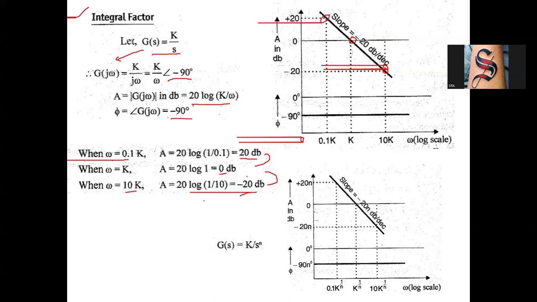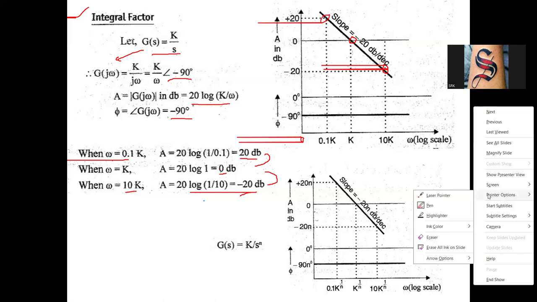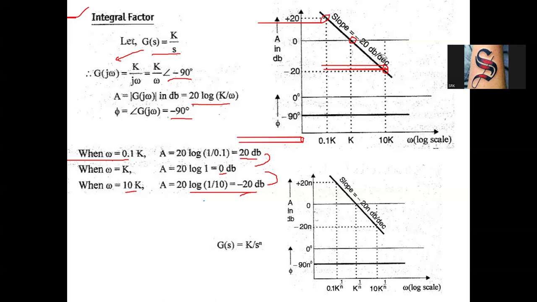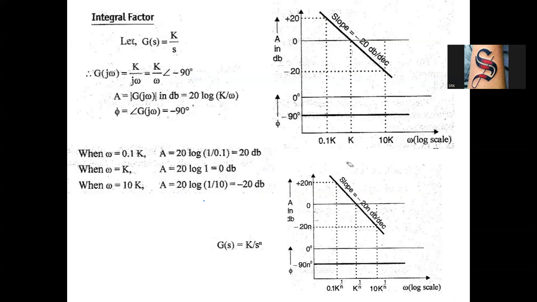How much decaying? 20 decibels for every decade. So for any integral factor, the slope follows minus 20 decibels per decade. Okay, please remember that point. For any integral factor, the magnitude response is minus 20 decibels per decade, and the phase angle is always minus 90 degrees. It is a fixed value.